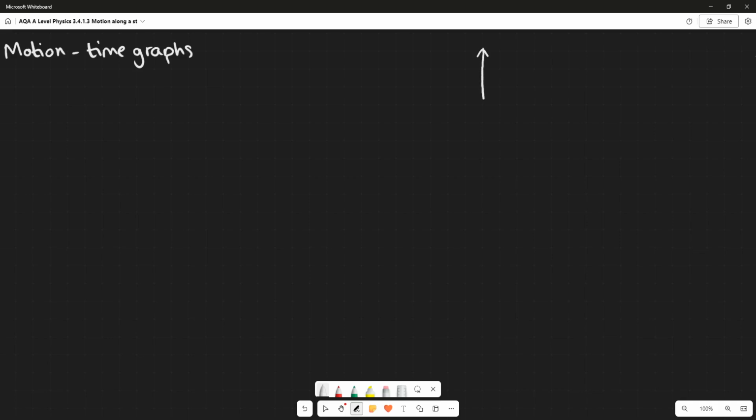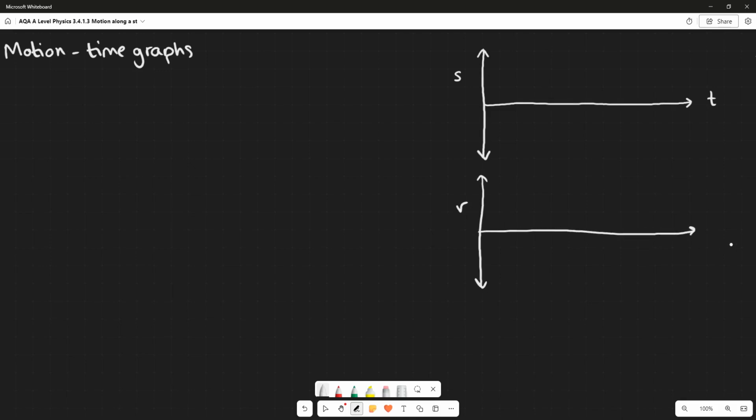You need to know about the behavior of a bouncing ball. So I'm going to draw several graphs and sketch out the displacement time, the velocity time, and the acceleration time graphs. Okay, so with a bouncing ball, it will go up and then it will go down again.